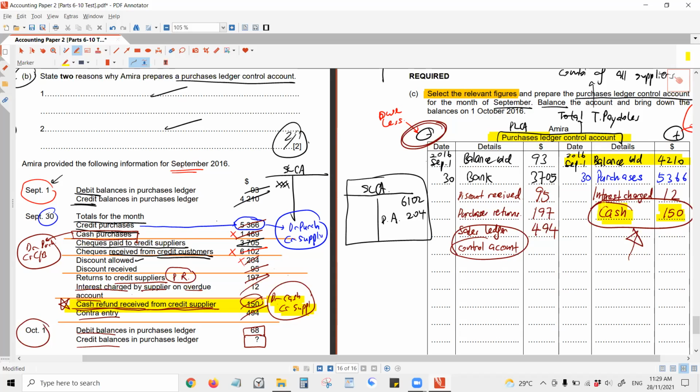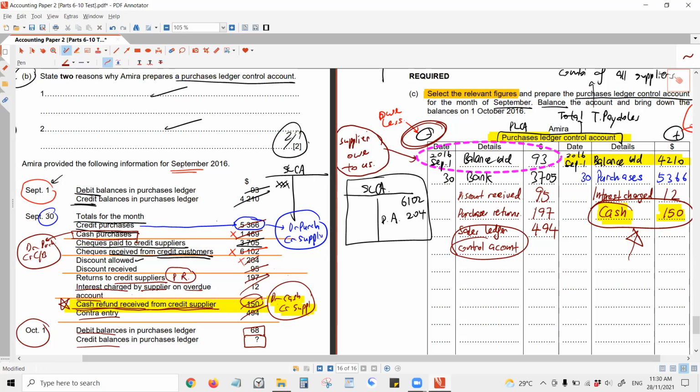When you get this, it is because of this. What does the 93 mean? The 93 is a debit balance, which means suppliers owe to us. Why do suppliers owe to us?